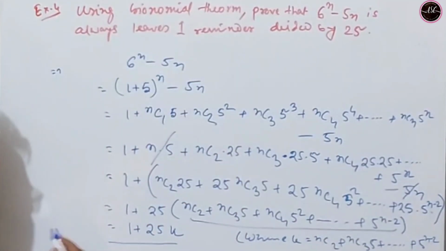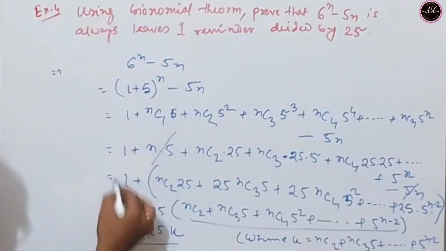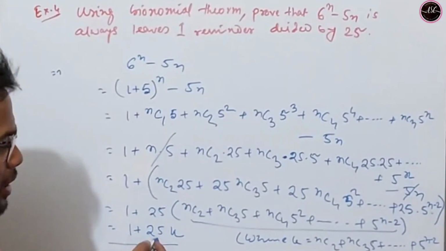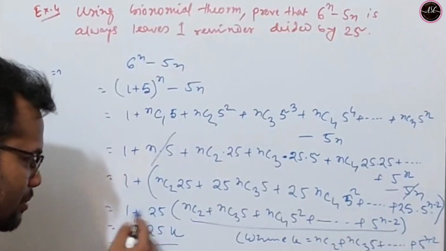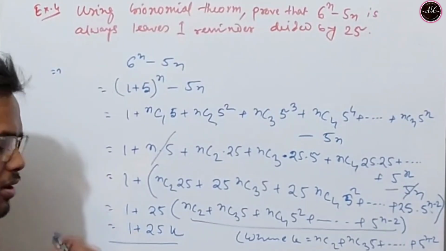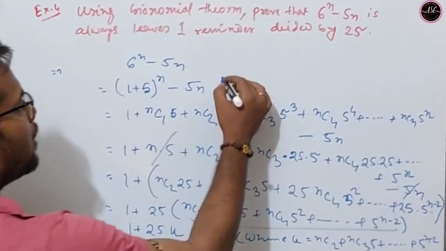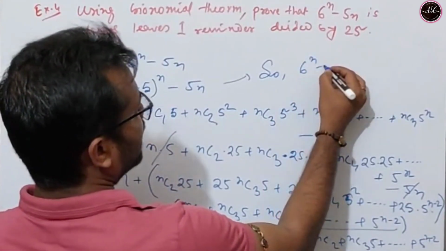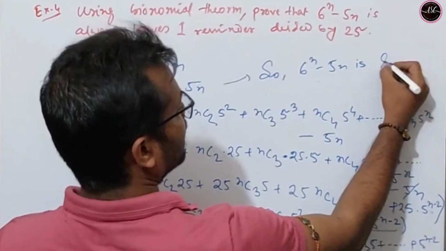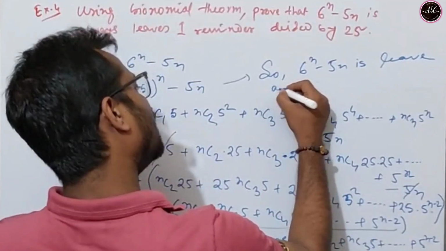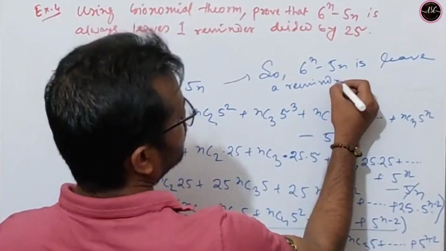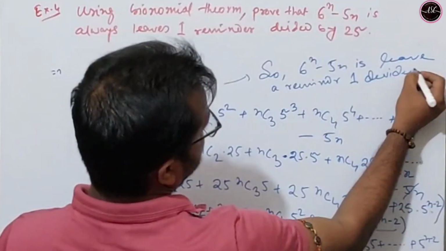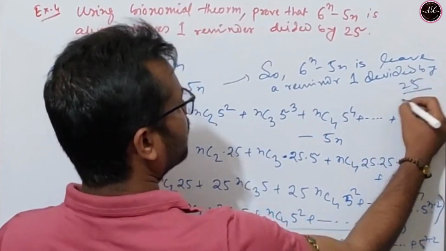So we get 6 to the power n minus 5n is equal to 1 plus 25k. So if we divide this by 25, there should be 1 as remainder. So 6 to the power n minus 5n leaves a remainder 1 when divided by 25. Okay, proved.